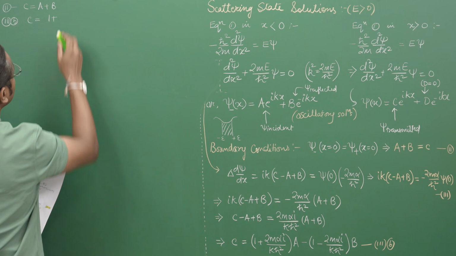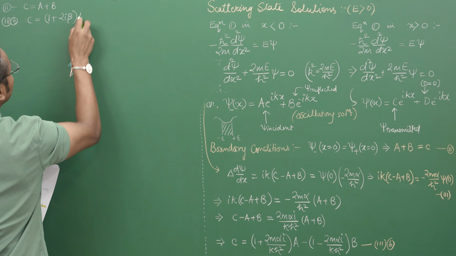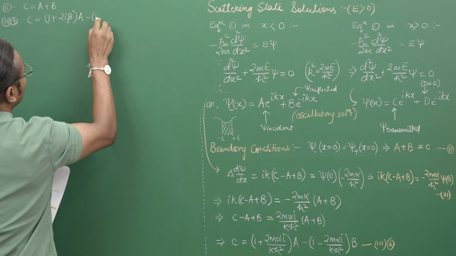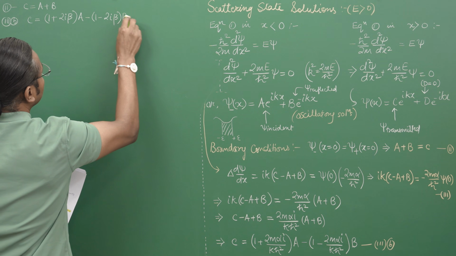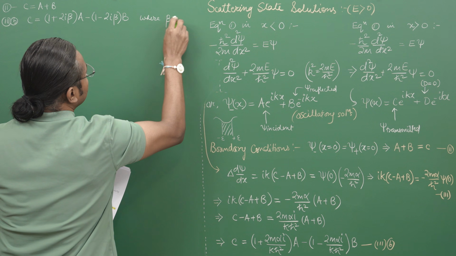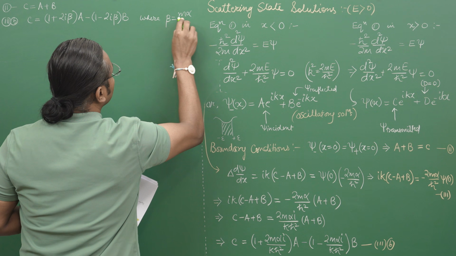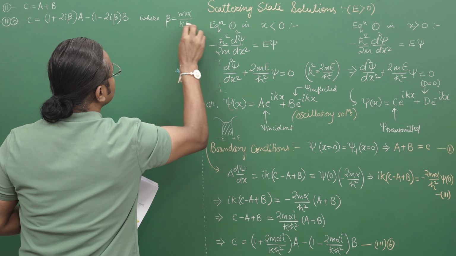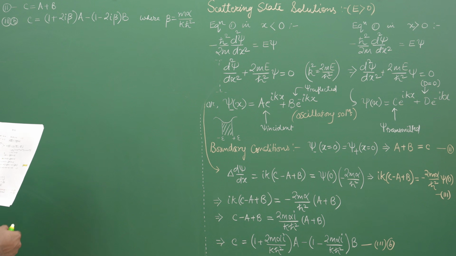So 2 iota beta a minus 1 minus 2 iota beta b, where beta is equal to m alpha upon k h cross square. So beta is equal to m alpha upon k h cross square. So that way this is 1 plus 2 iota b minus 1 minus 2 iota b.